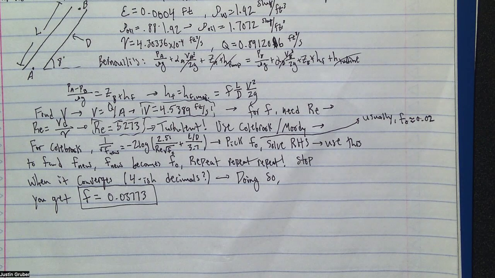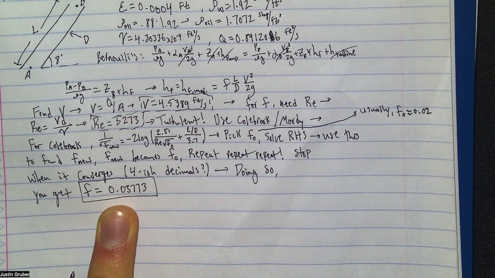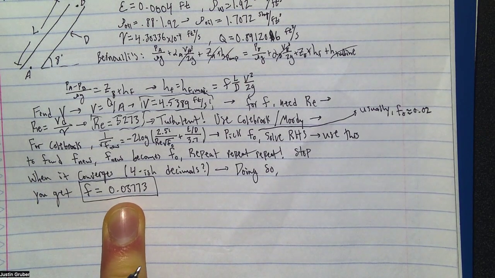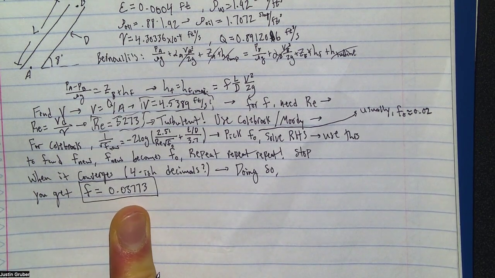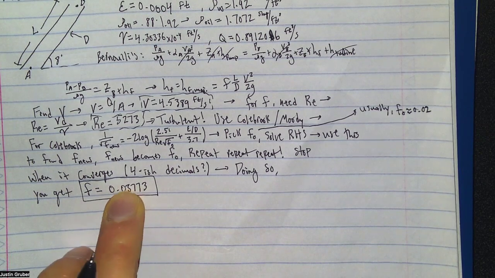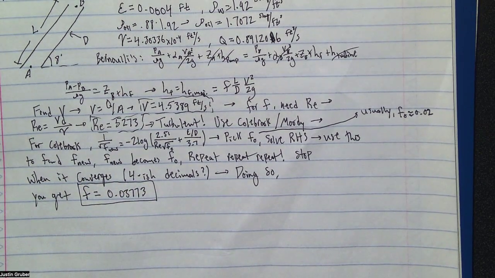Picking 0.02 is a really good guess. It'll almost always be in that ballpark. Our final answer is 0.03 and change. On the low end, you'll get 0.01s, like the last one was like 0.018 or something. High end, you'll get 0.05 tops. So if you pick 0.02, you're gonna converge pretty quick.